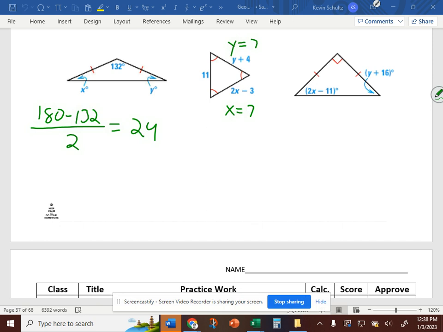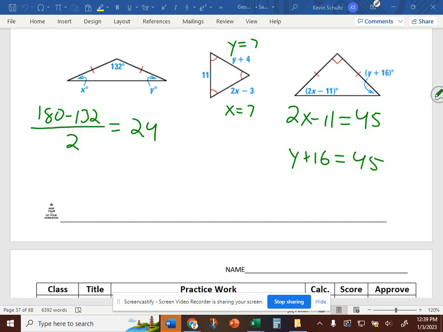So, it's an isosceles triangle. Indeed. So 2x minus 11 equals y plus 16. And then they both have to add to equal 90. And since they're congruent, because it's an isosceles triangle, they're both 45. Setting up that first equation, 2x minus 11 equals y plus 16, placing two variables in the same equation and trying to solve it from that brings us into a system.